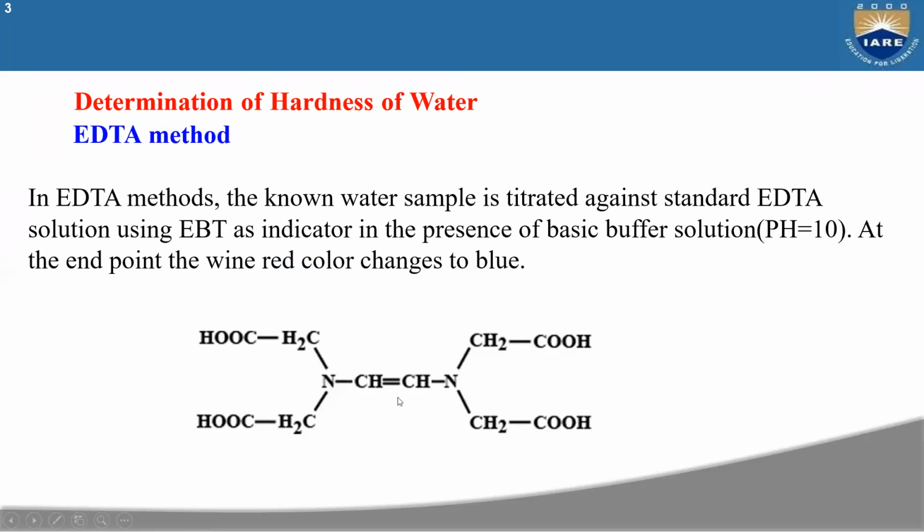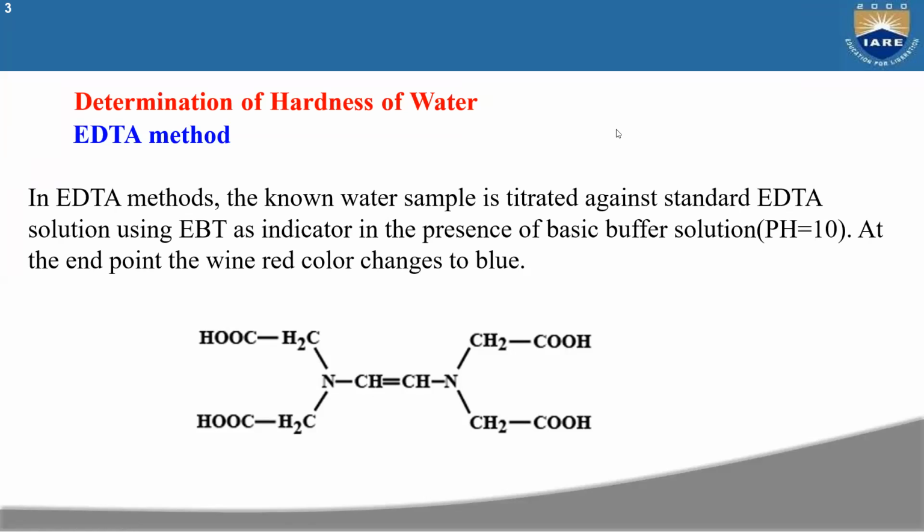Ethylene means two carbons, CH2 CH2, and in one H we place the amine group. So this is the structure of ethylene diamine acetic acid.